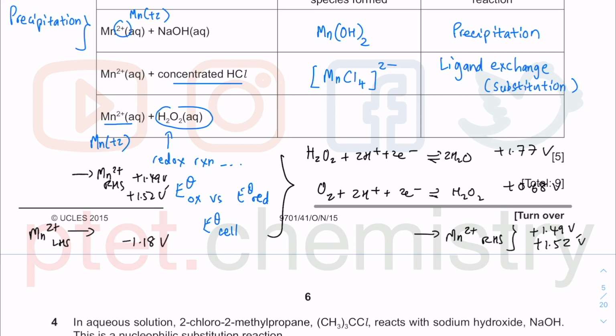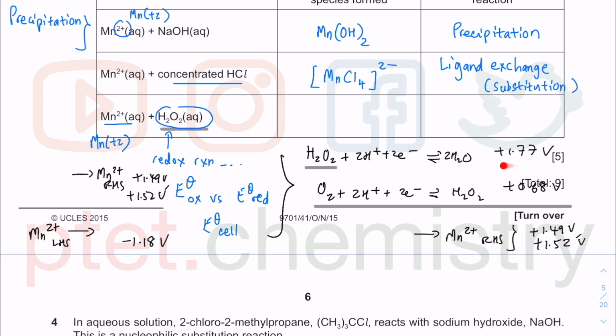Now you've got to compare this with this, yeah? So if the H2O2 acts as oxidizing agent, then this is going to go to a higher oxidation number. So if this is getting oxidized, we are looking at Mn2+ on the left hand side, which is this. If H2O2 acts as oxidizing agent, it itself will get reduced, so we are looking at H2O2 on the left hand side because they undergo reduction.